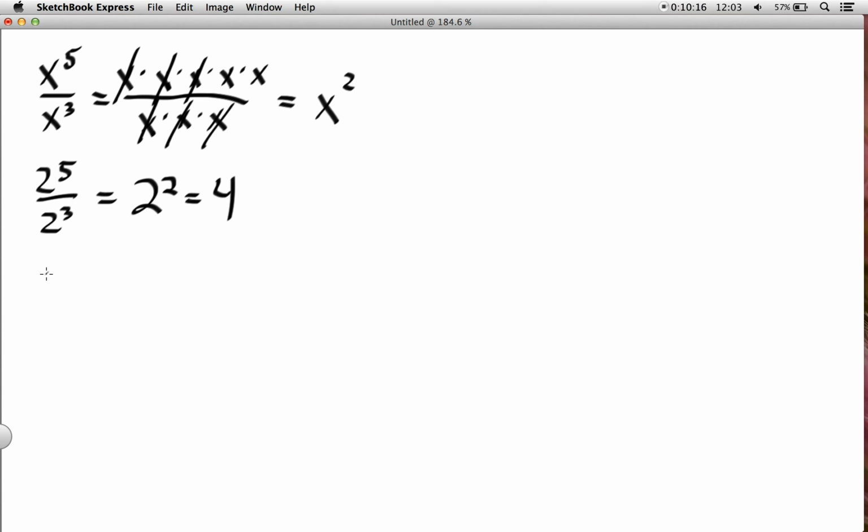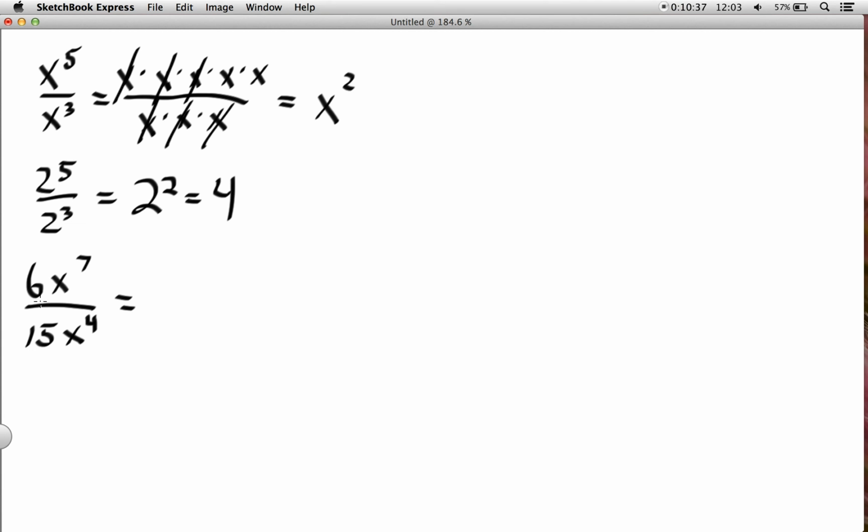Okay, so there is another property of exponents. Now let's apply it to some problems. So just like with multiplication, we treat each different kind of term separately. We treat our constants separately from our x terms.